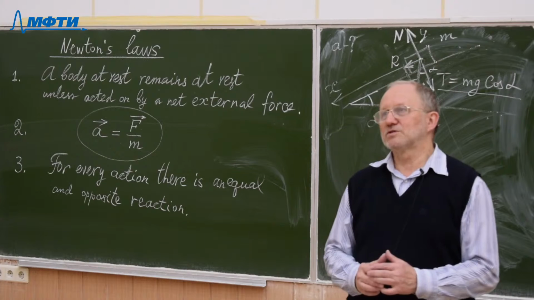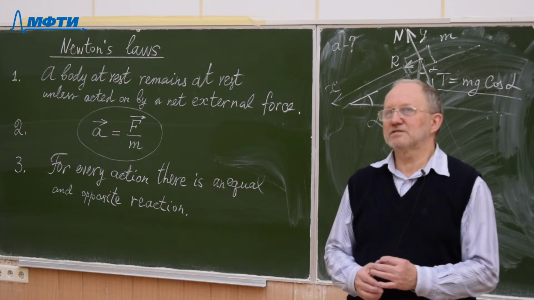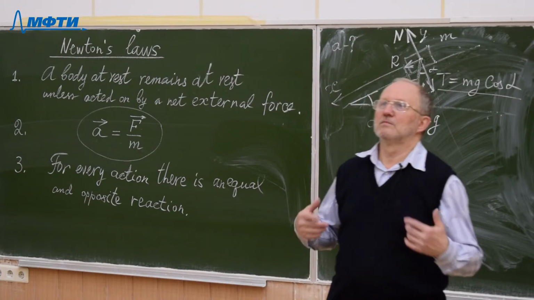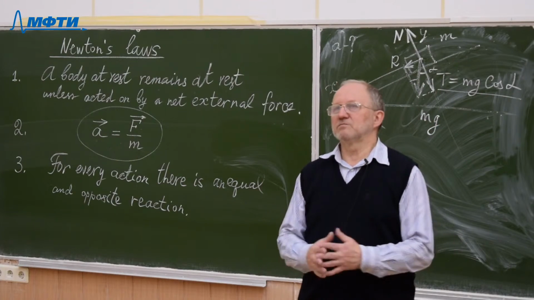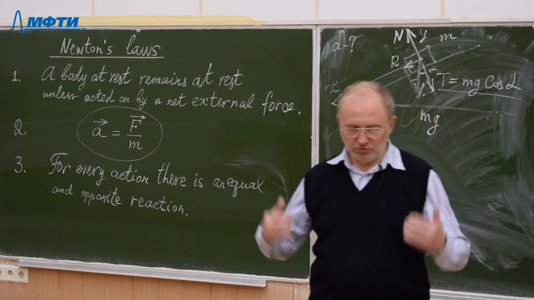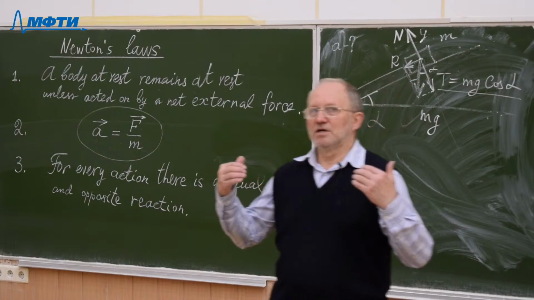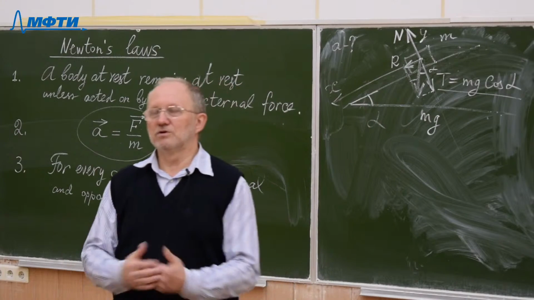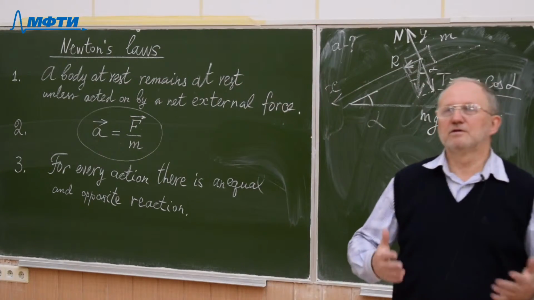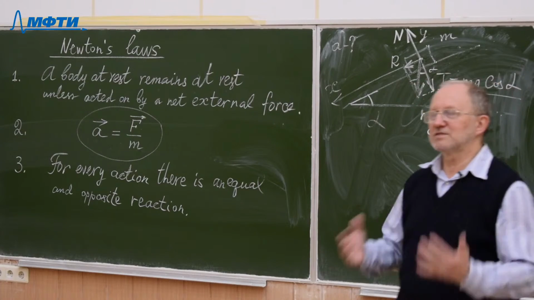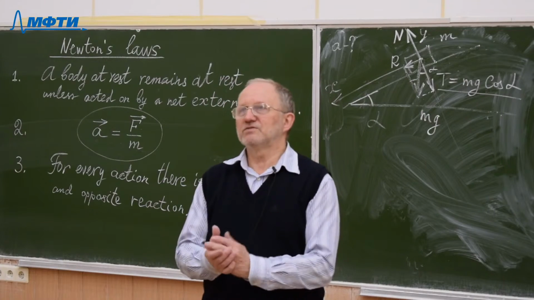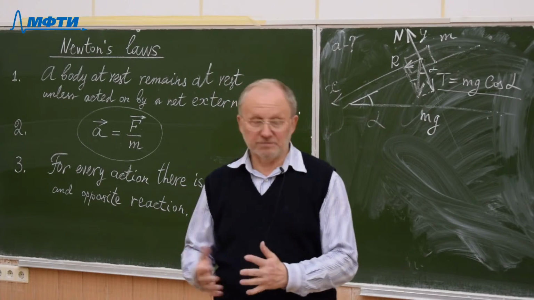In the course of physics, you will encounter dozens of physics laws, and in order to remember all of them, you will have to repeat them regularly. So all the laws and all the definitions must be written in your notebook. And you must open the notebook very often, once or twice a week, and repeat the major definitions, the most important formulas.